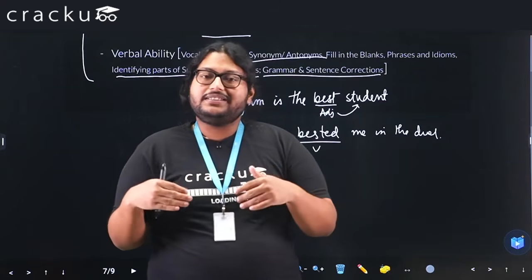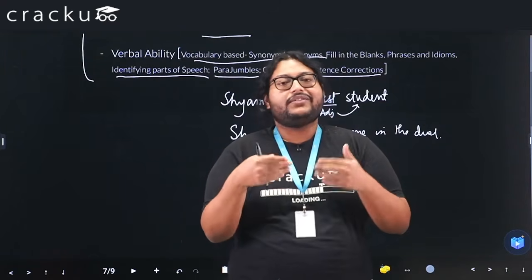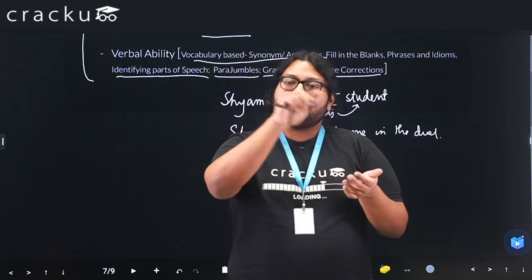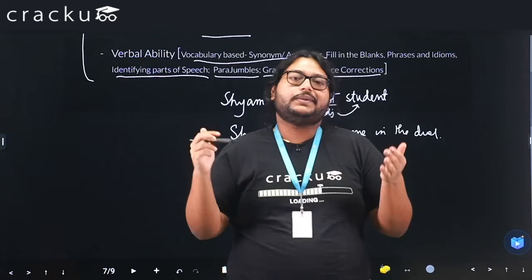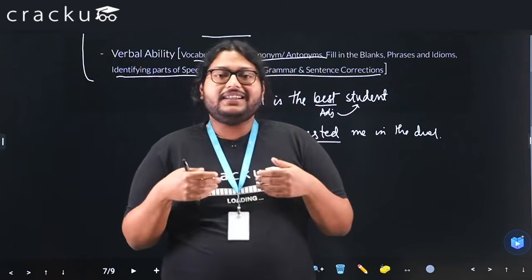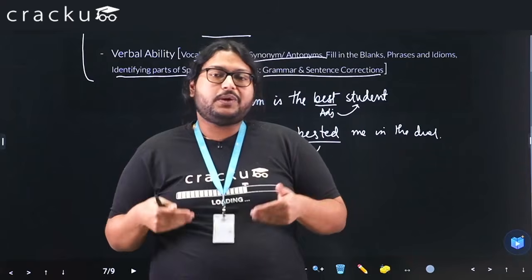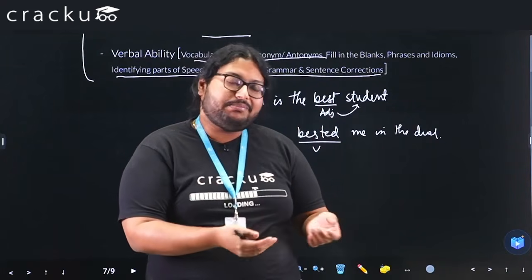So we have this list. What we can do is run the sentence through the list one after the other. Let's say we check for subject verb agreement, and there is no subject verb agreement error, so we can cross that out. So that is the idea. We check for each of them one by one, and we'll obviously find some error in the sentence, and then we mark that part.